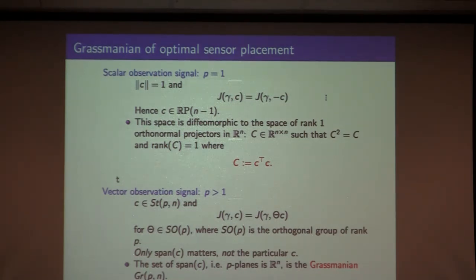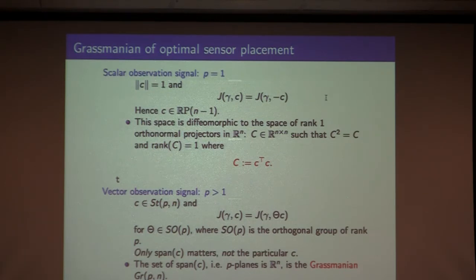We know that this space is also the space of orthogonal projectors onto one-dimensional subspaces. Meaning if you give me one direction, I can also look at the projector along this direction. So this will be the space of matrices C such that C squared is equal to C, a projection matrix, and the rank of C equal to 1, projecting onto a one-dimensional subspace.